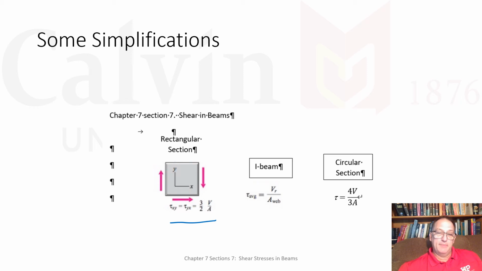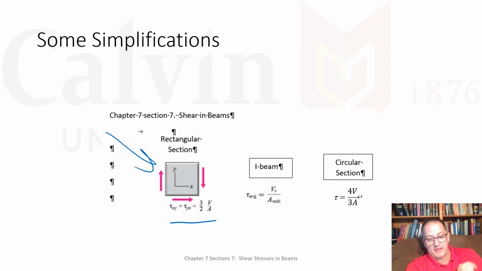For an I-beam, they give us an equation for the average shear, which is V over A, which is interesting because in one sense they're saying we're going to ignore the flanges, just look at the web as the rectangular section that we're using in the first equation.